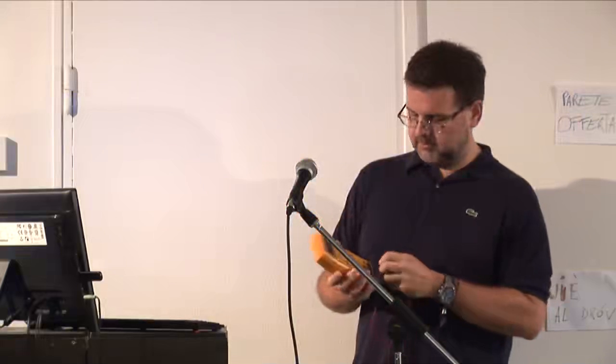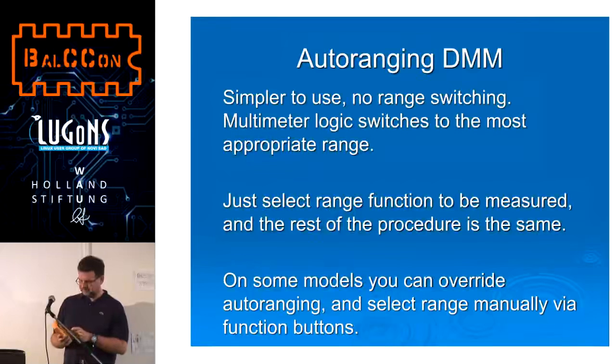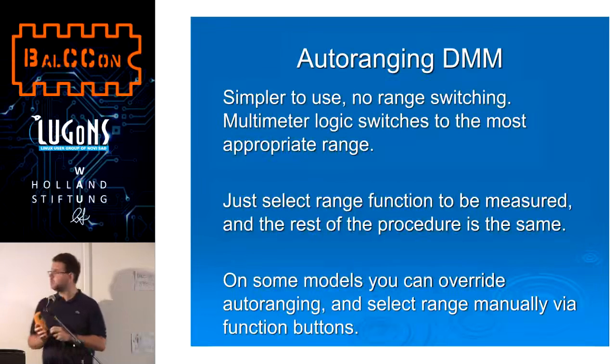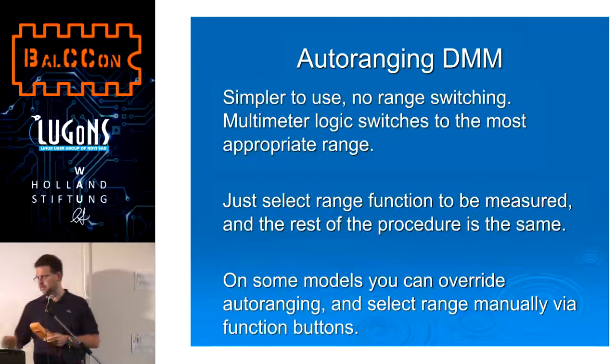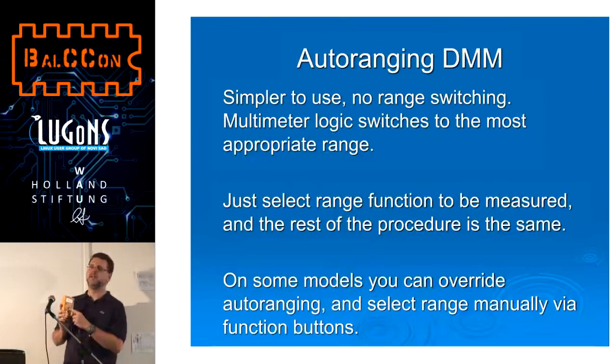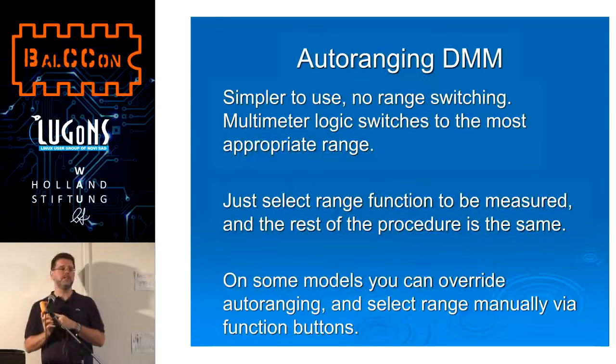Modern multimeters nowadays are auto-ranging. They're more expensive and easier to use. What's changed? You still have this dial, but you don't have to change ranges under one function.